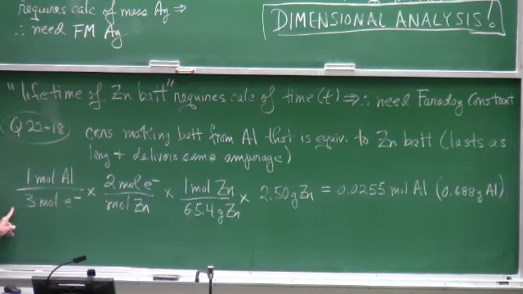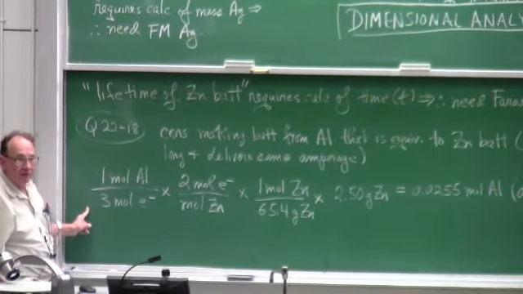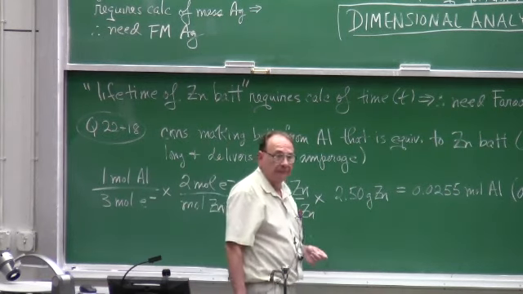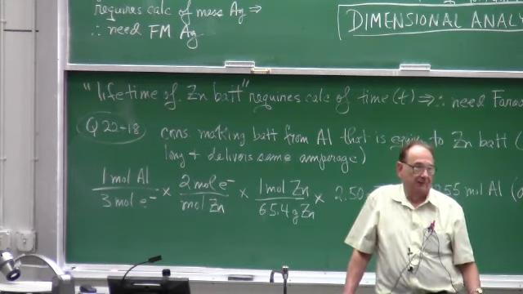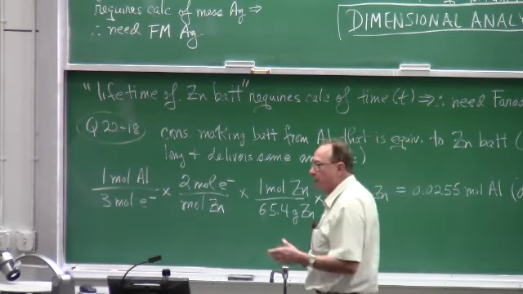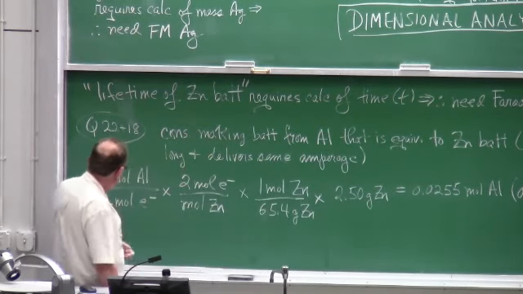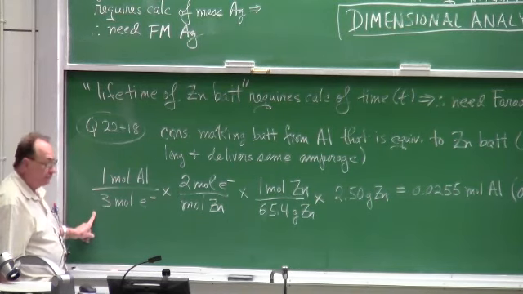So, how much aluminum? Well, we can answer how much with moles, or we can answer how much with mass. I'll take moles straight away. Then if we want, we can turn it into mass, or how many grams of aluminum. 1 mole of aluminum per 3 moles of electrons.